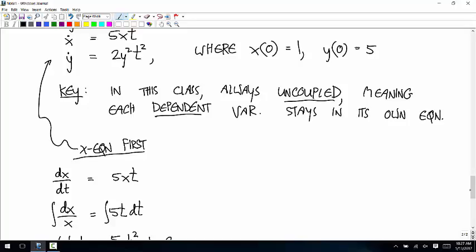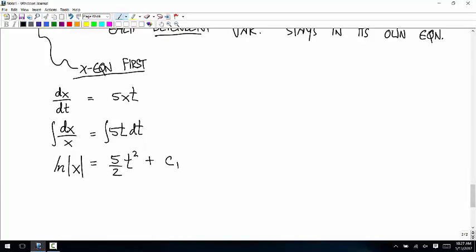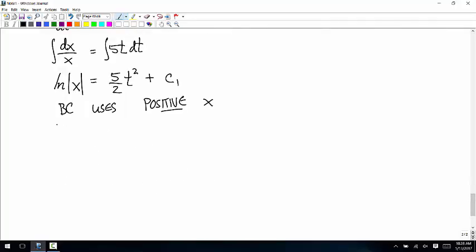Since x is equal to 1 initially, we're dealing with positive x's. And so we're dealing with natural log of x is equal to 5/2 t squared plus C1.